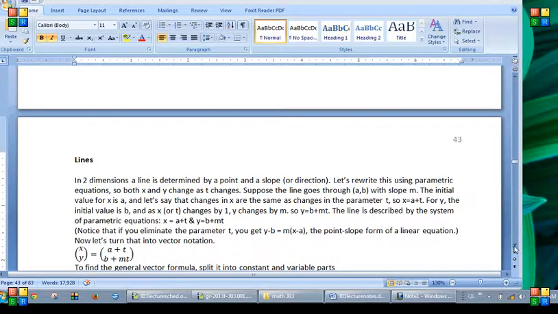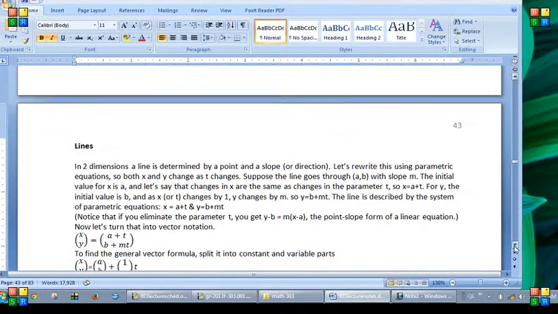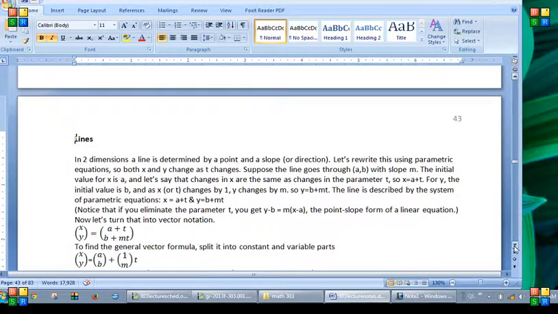So to find the general vector formula and to put it nicely, we're going to split this into a constant part and a variable part. So we're going to break up the vector on the right side, and now it looks like this. And you can do the calculation in your head and go backwards to see it's the same thing.